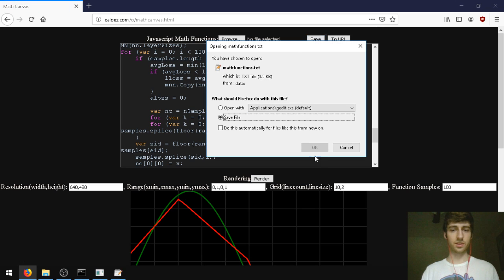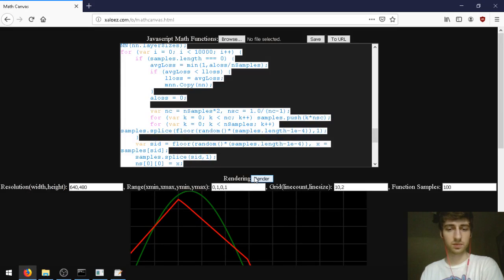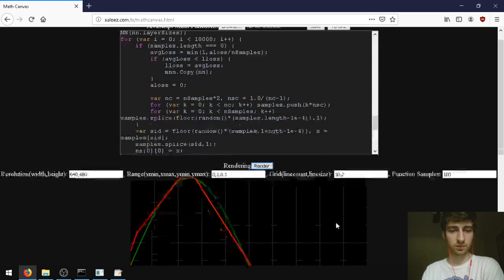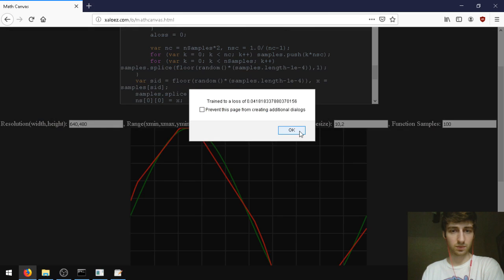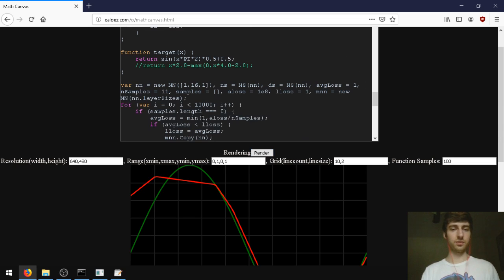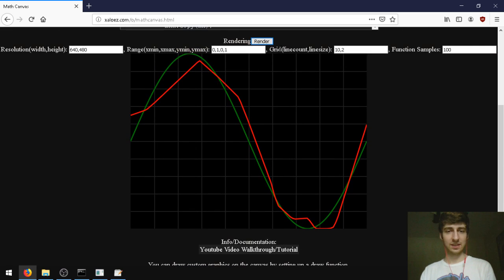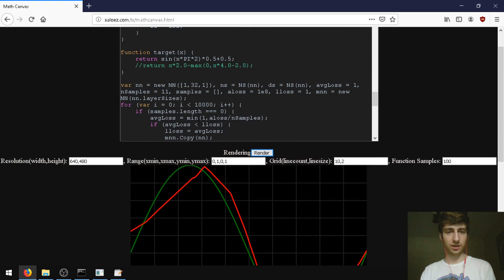I'm going to save this just in case. Oh my god, it actually trains way better. That's pretty cool. Let's see if ramping up the number of neurons helps. It's still not training perfectly.